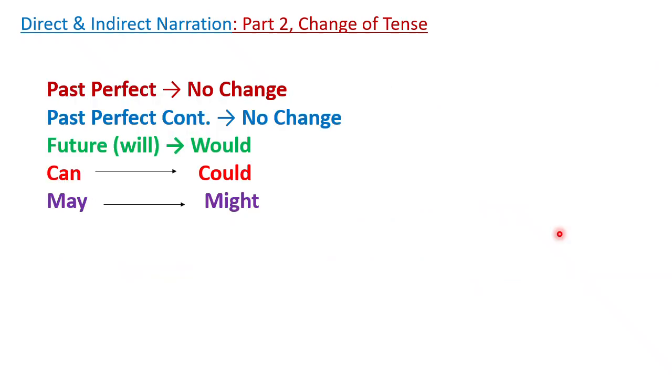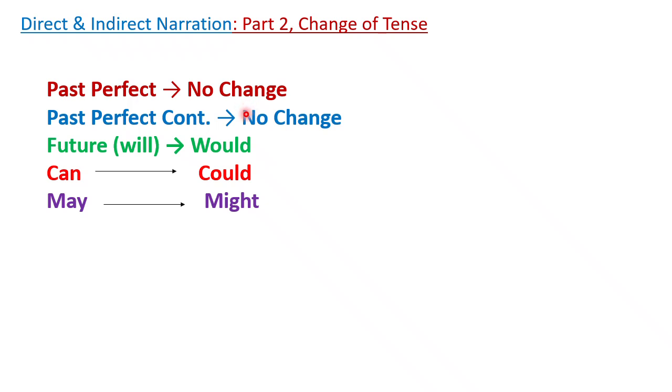After that we have the last part: in case there is past perfect tense, no change. Yes, we are talking about the change of tense inside the inverted commas. Of course, when we change into indirect narration, change of pronouns is compulsory. It is always there. I changes according to the subject outside. You, the second person, changes according to the object outside, and the third person he, she, it, they always remain the same.